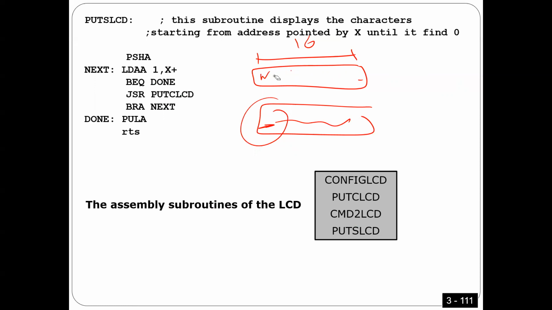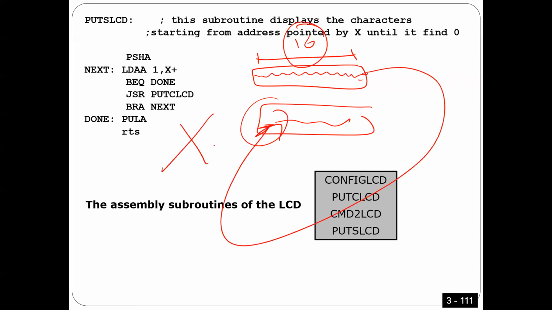What do I mean? If you write and you have already used 16 characters, it's not going to go automatically to the next line. You have to send a command to move the cursor from here to here, and I'm going to teach you this command, right? So this is something you have to do in your program.